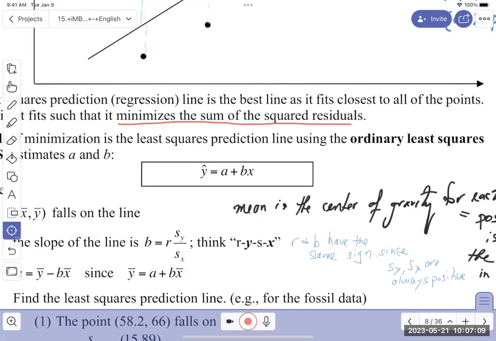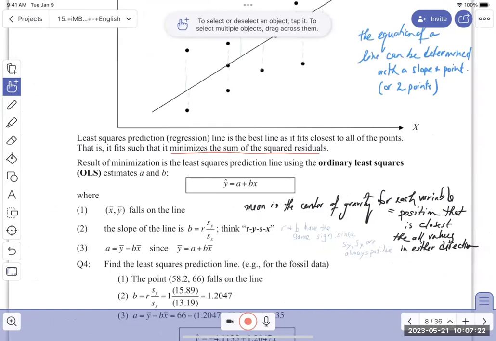A standard deviation is what? It's the square root of the variance. The square root of anything will always be positive. So R and B have to have the same sign mathematically. And interpretation, if the trend is positive, then you're going to have a positive R. Trend is negative, you have a negative R.